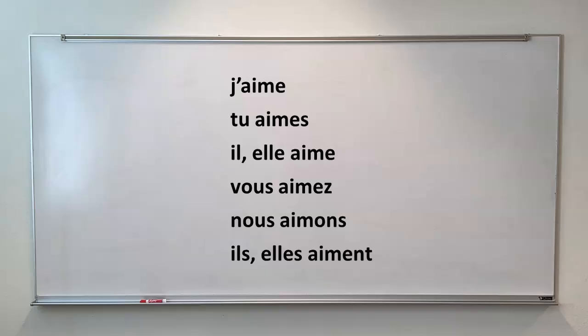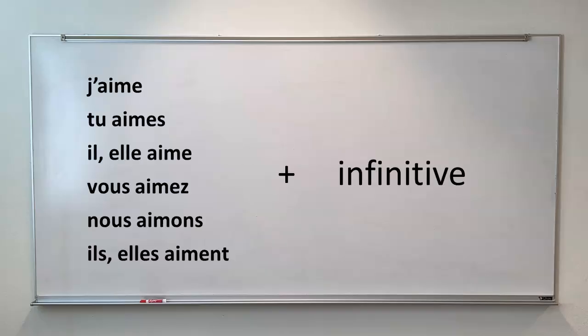You can use aimer with a noun. But another very useful thing that you can do with the verb aimer is you can use a conjugated form of the verb aimer with an infinitive to express the idea that you like to do something or that someone else likes to do something.